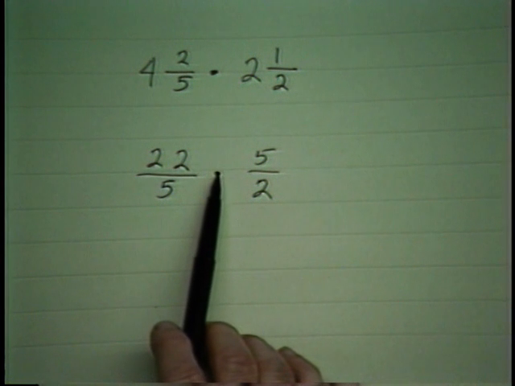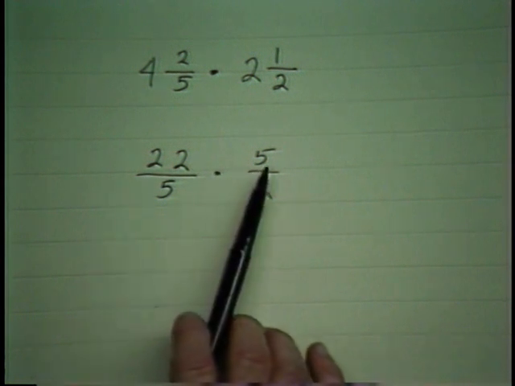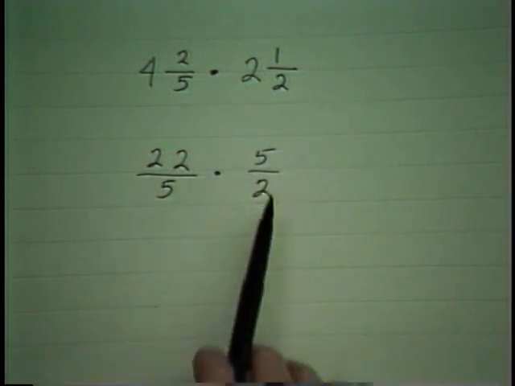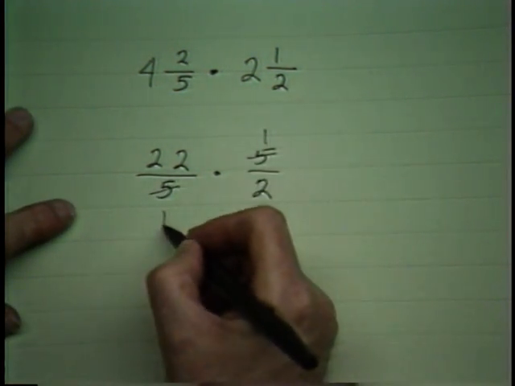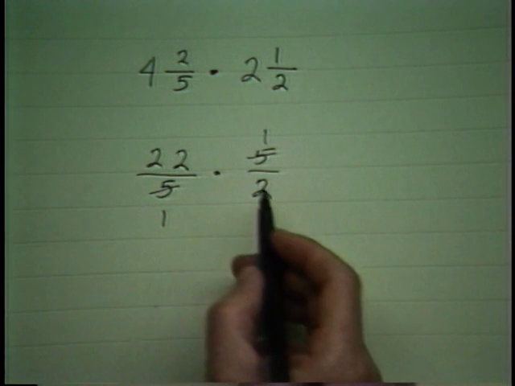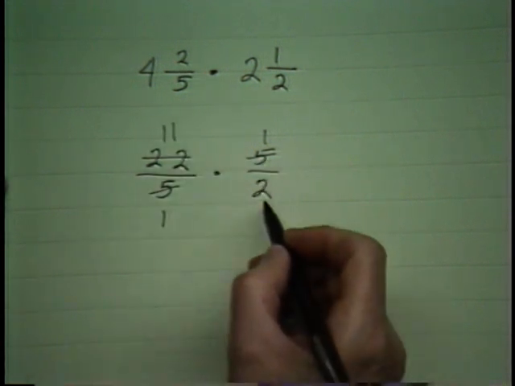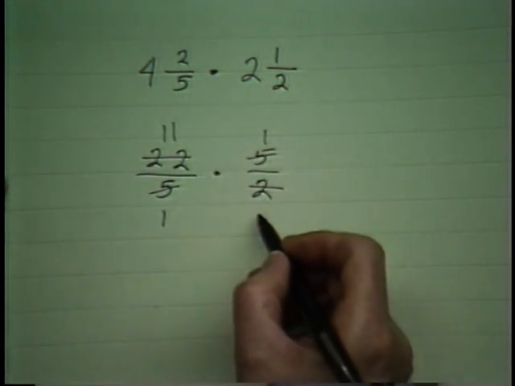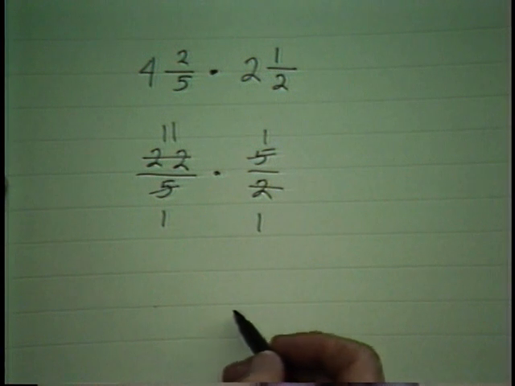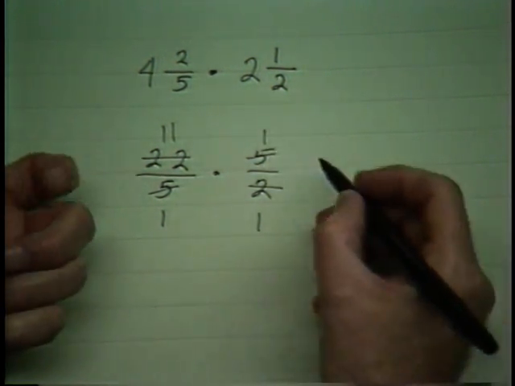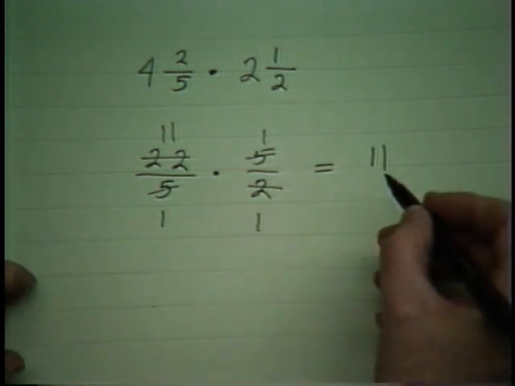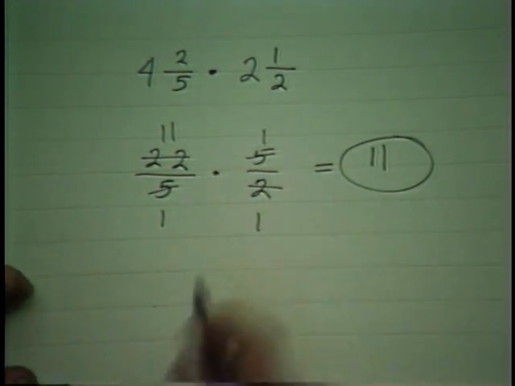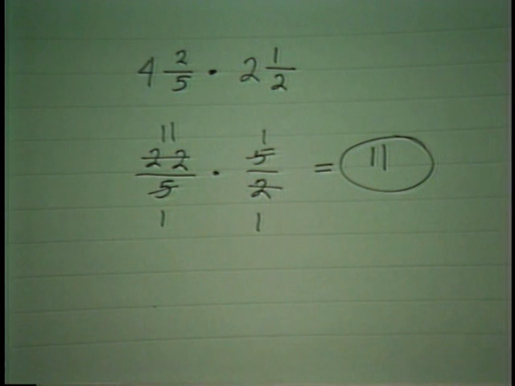Now, since I'm multiplying fractions, I have permission to cancel if possible, and there are two possibilities here. 5 into each of these once, 2 into these two, into here 11, into here once. And if I multiply the tops, I get 11, and the bottoms I get 1, which I don't need. So my answer is cleanly 11.